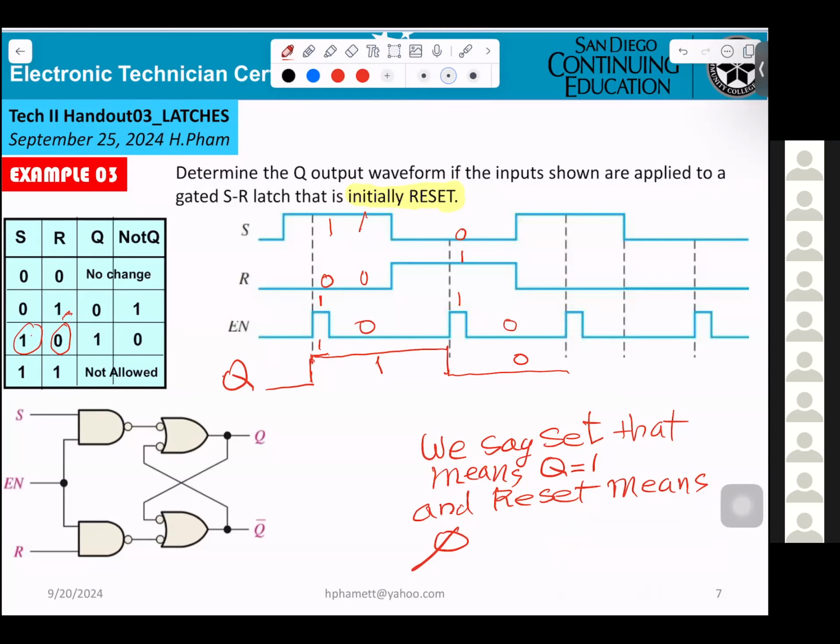Okay. Then now enable equal 1 again. And you're looking here: S is 1, R is 0. Q equal 1. And enable 0, so they keep 1 here. And they can change again. That's only telling you one thing.